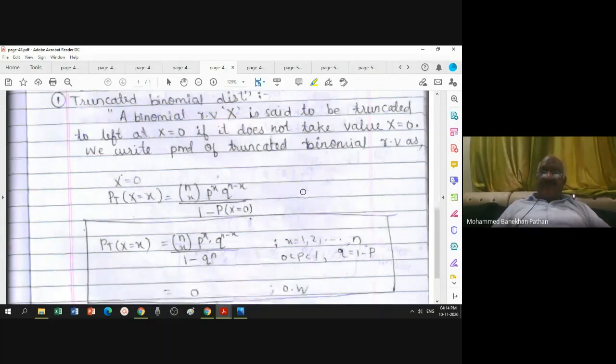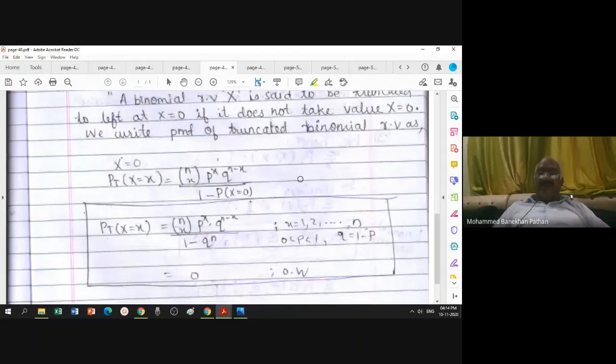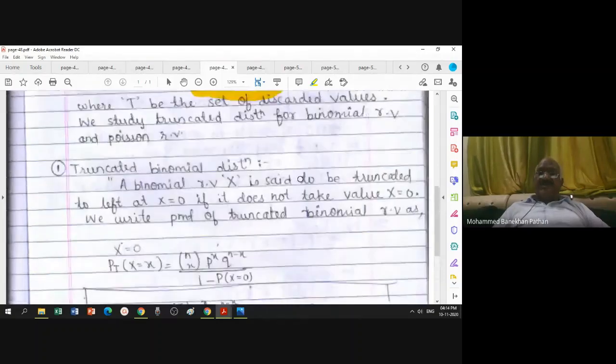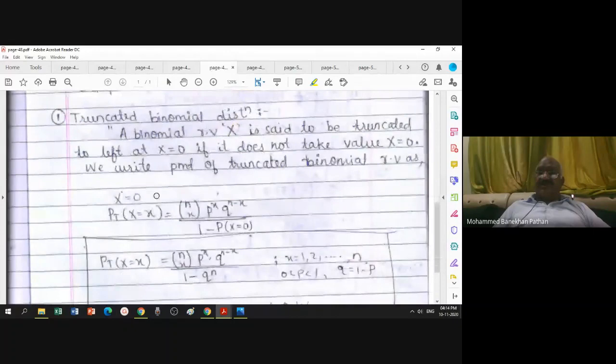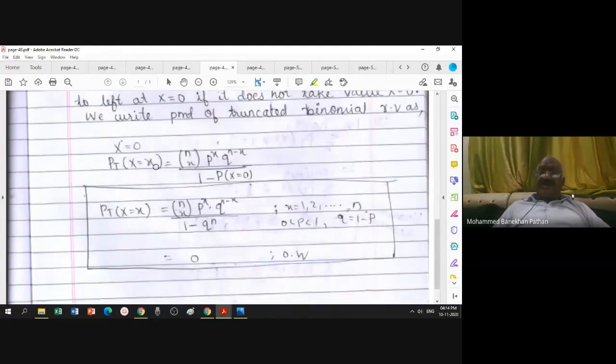Now what is the formula of the truncated binomial? That is written with the help of this. The numerator is the original binomial, and the denominator is 1 minus the probability that X belongs to the truncated set. Here the truncated value is 0. So my truncated binomial formula is the original binomial divided by 1 minus P(X = 0). How to get this number?